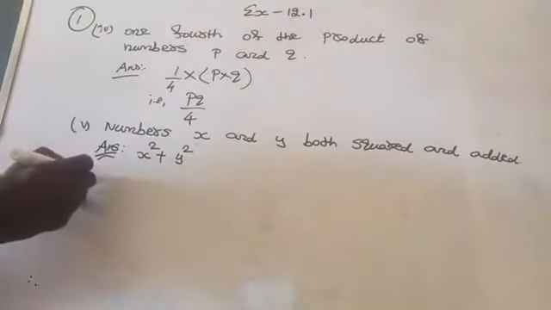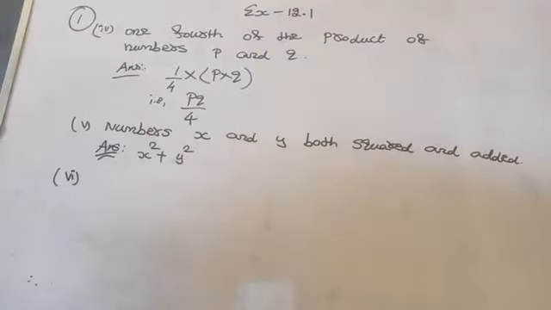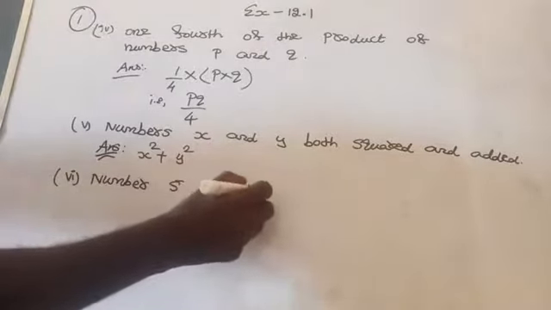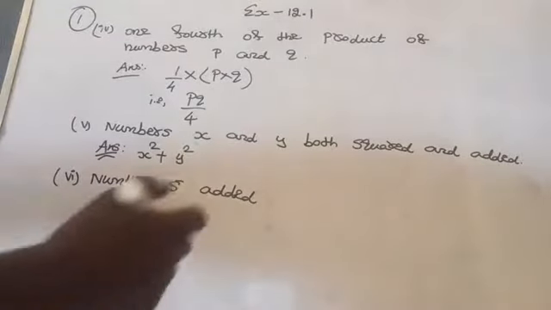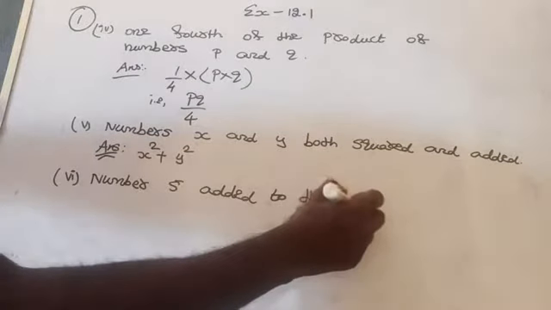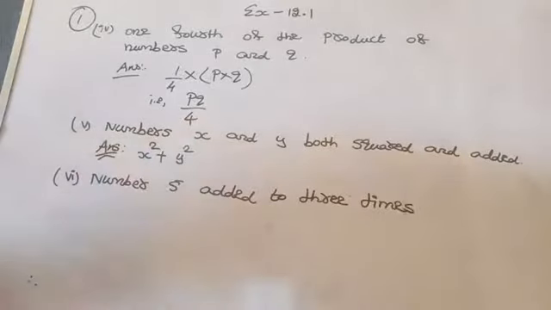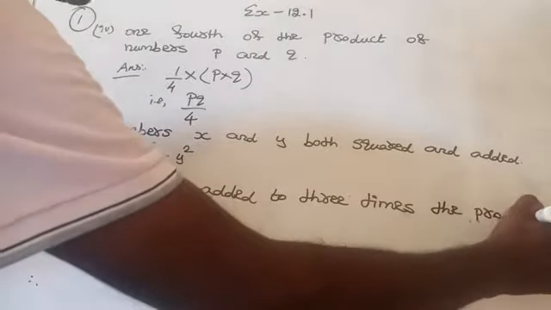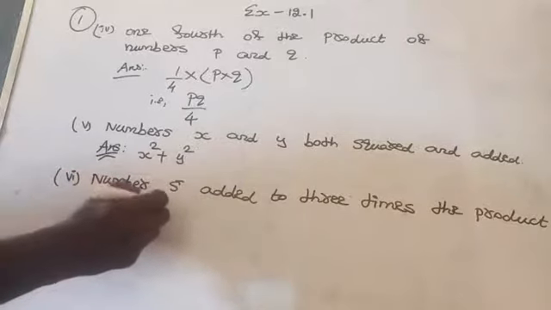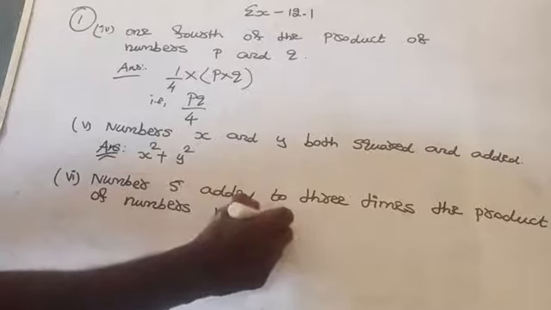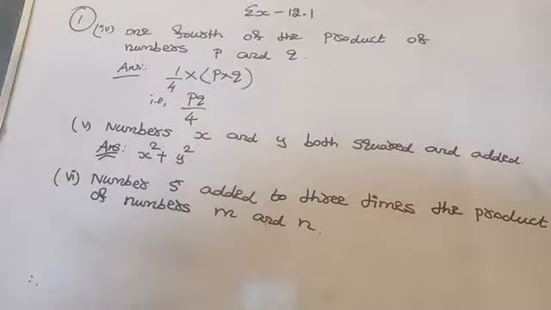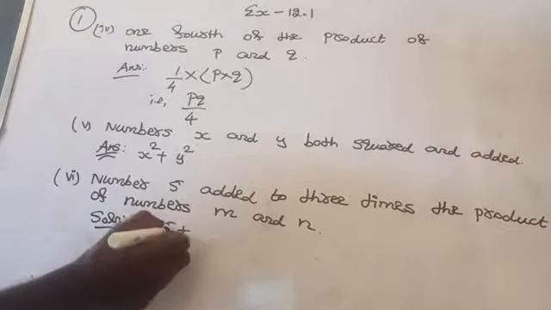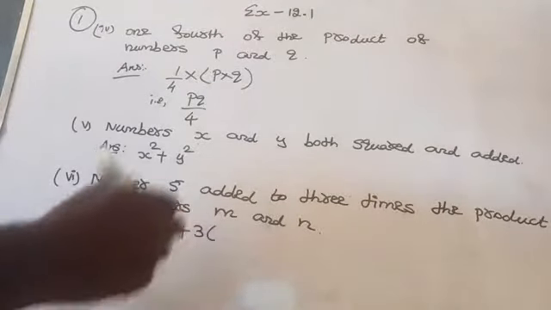Then the sixth part of this question is: the number 5 added to 3 times the product of numbers m and n.